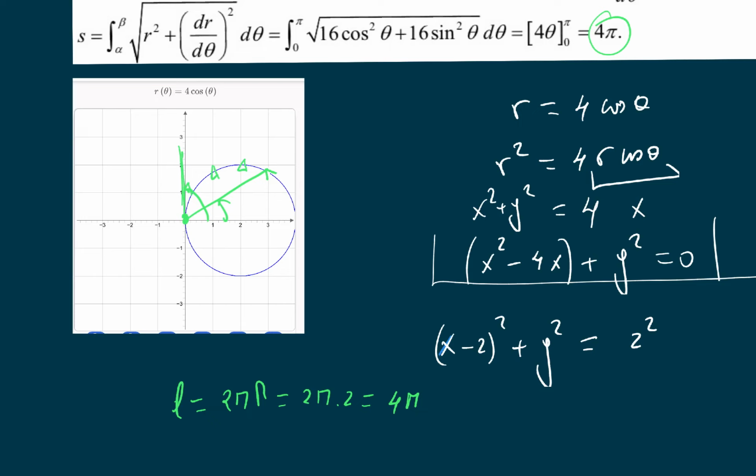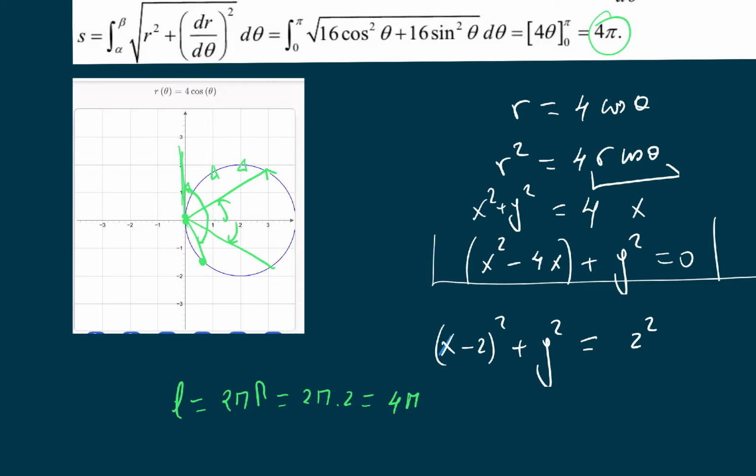And finally, when you approach here to r equals 0, the angle is minus pi divided by 2.